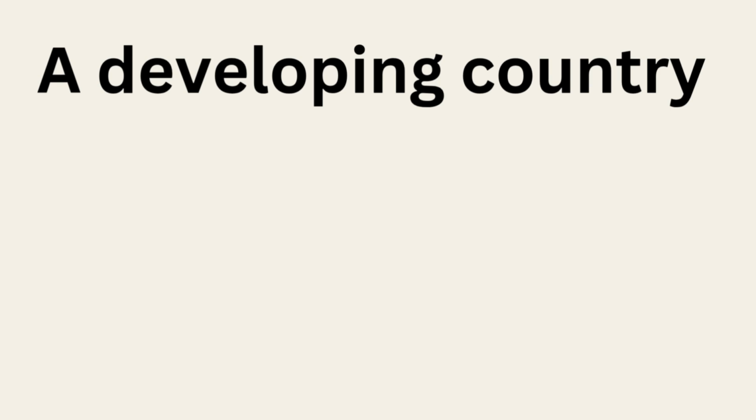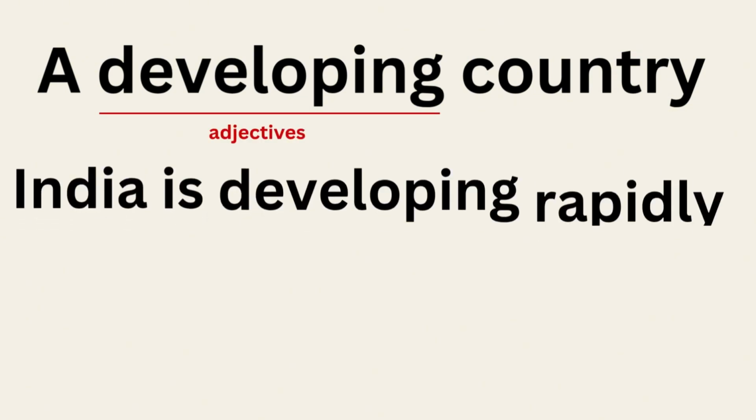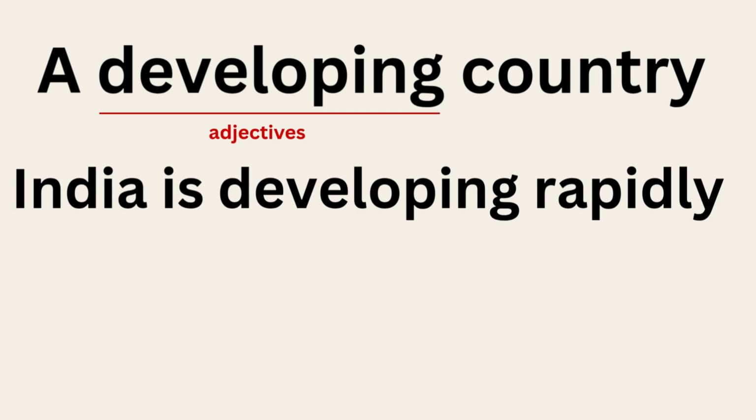Here developing is describing the country, so it's working like an adjective. But now look at this. India is developing rapidly. Same word, but now it's telling us what India is doing. So here, developing is a verb. Same word, different job.